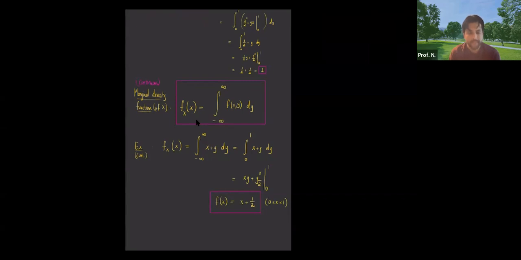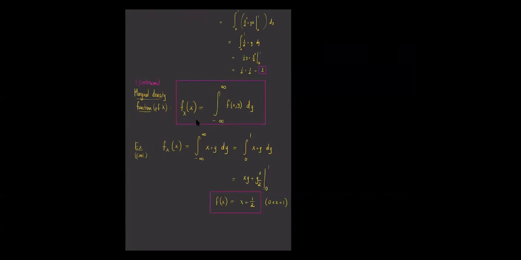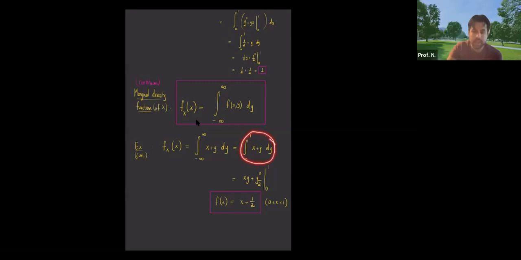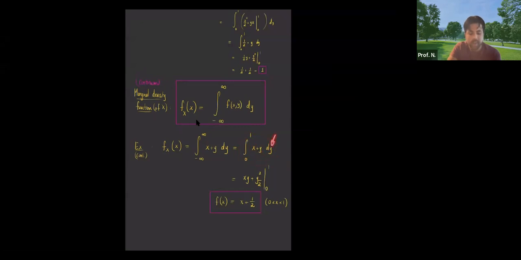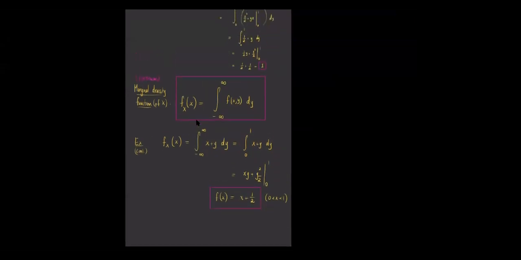If I were to treat this integral just the way it is, forget about PDF, whatever, just integrating with respect to y, the x or any other variable that's not y is treated as a constant. Then you take the antiderivative accordingly. The antiderivative of a constant with respect to y would be the constant times y. Okay, thank you.